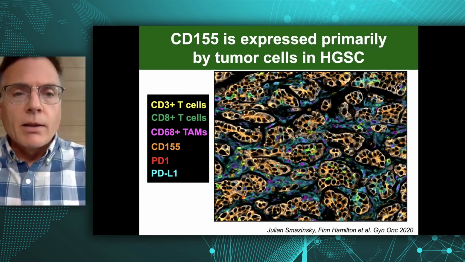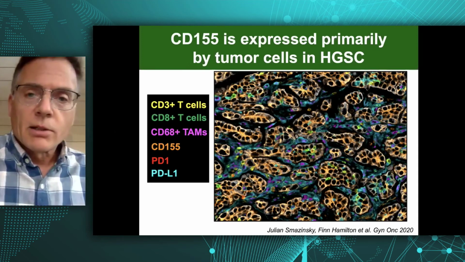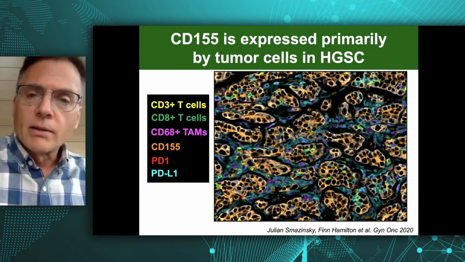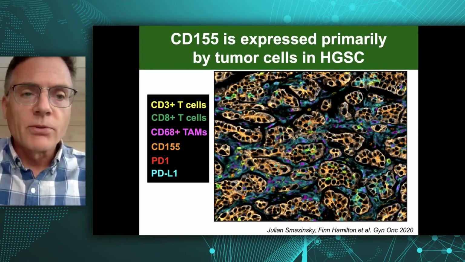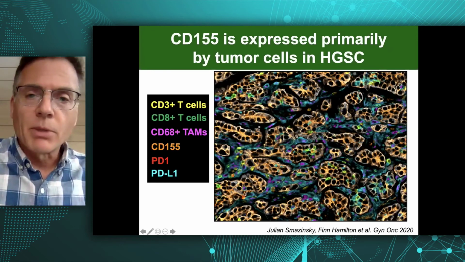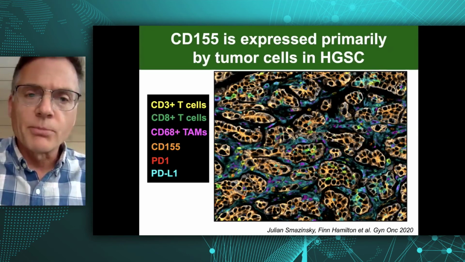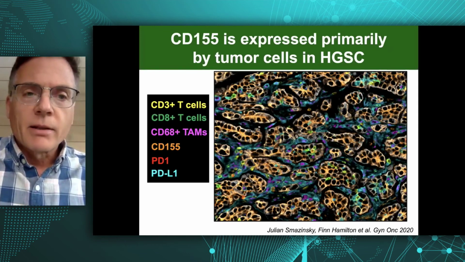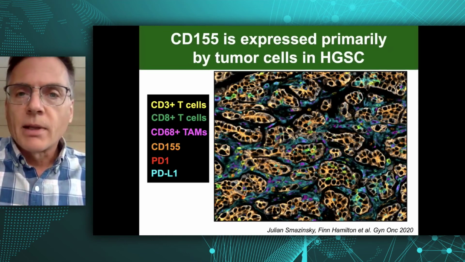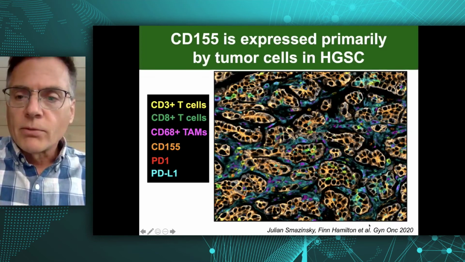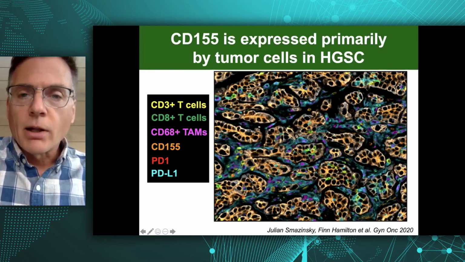So we worked up a multicolor immunofluorescence stain for this. CD155, again the poliovirus receptor, is what I'll be talking about now, and we applied this 6-color stain to a series of HGSC cases. This was published just recently in Gynecologic Oncology.